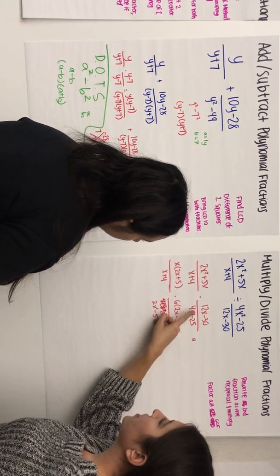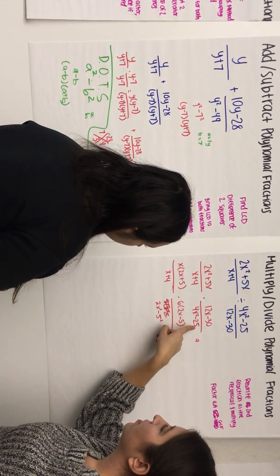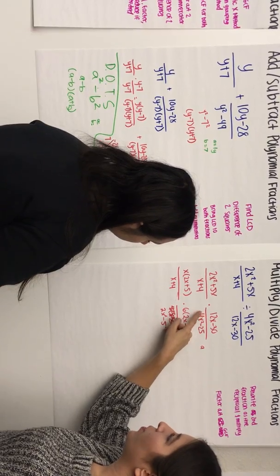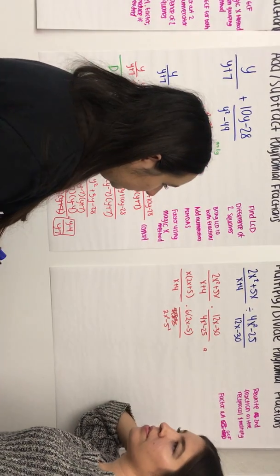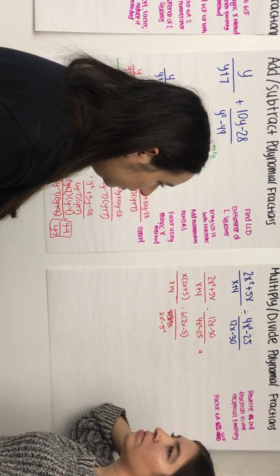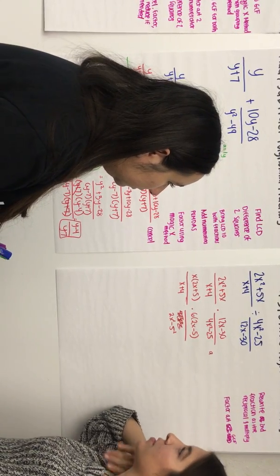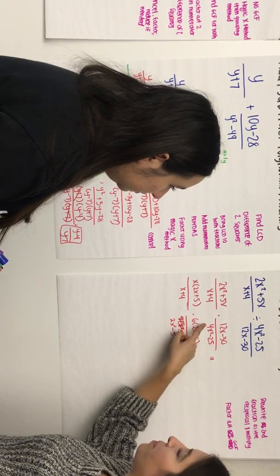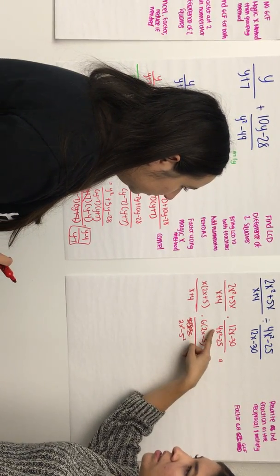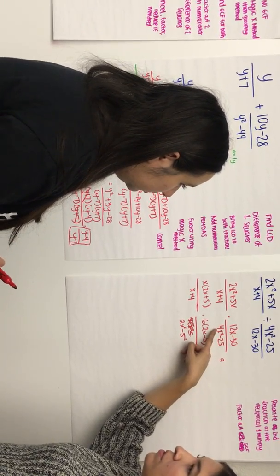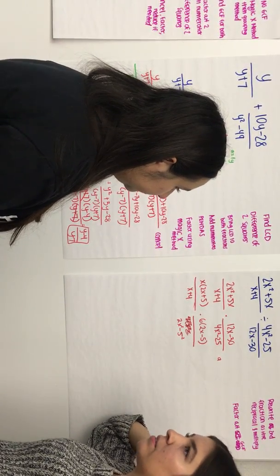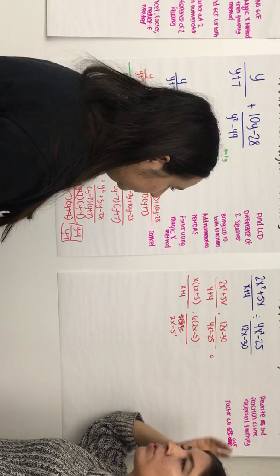Well, a difference of squares means that both of these are going to be a number squared. So what number is this squared? 2x. Yeah, it's 2x, so you need to put the 2. Because this is really the same thing as 2 times 2, which is the same as 2 squared.